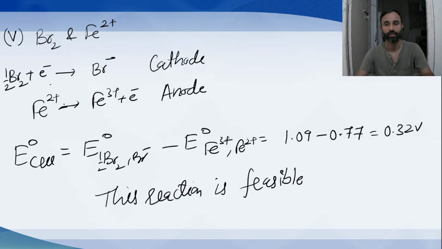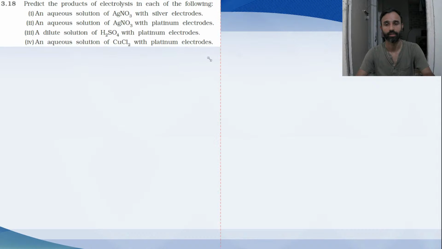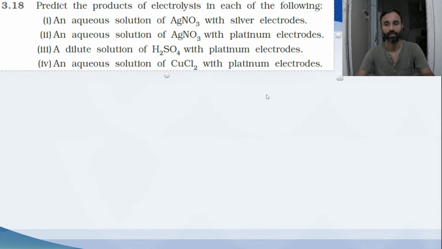Now last question of this chapter, that is 3.18. This question is in class 11th as well, in redox reactions.